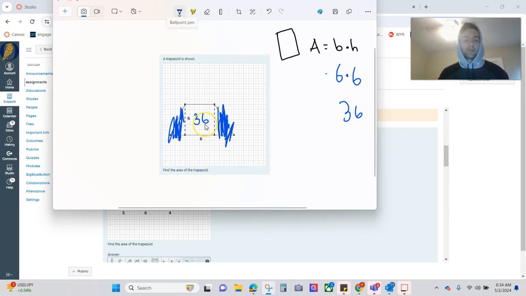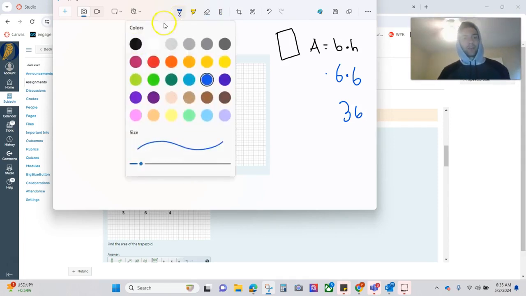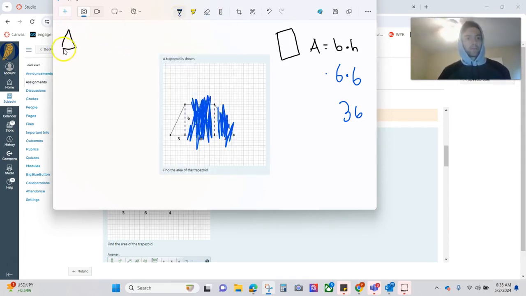Let's try and find the area of one of the triangles that make up this shape. Scribble out the square because we're done with it for now. And triangle time. To find the area of a triangle, we can use the formula base times height divided by 2. So almost the same thing as a square, but dividing by 2 because a triangle is half of a rectangle or square.